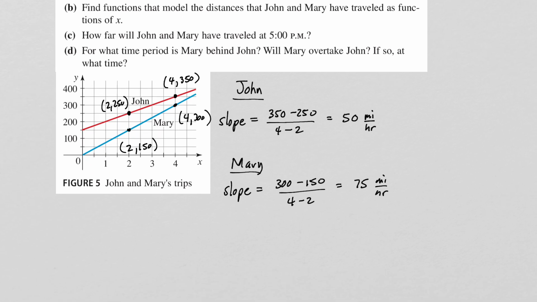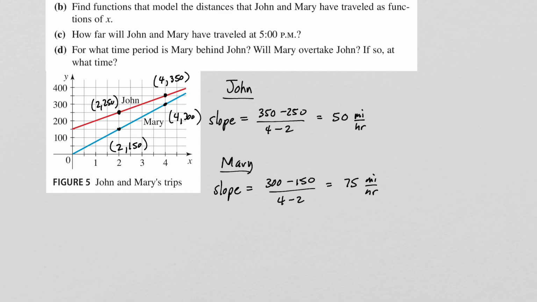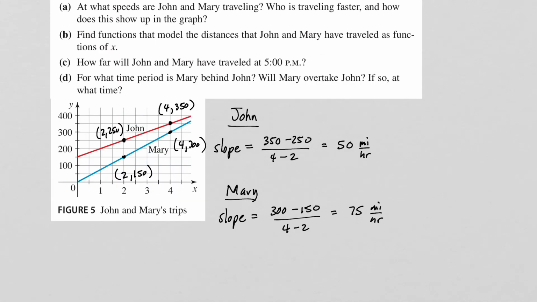Next, it says find functions that model the distances that John and Mary have traveled. So we'll just continue this over here. For the second part, we want to find functions that model the distances that John and Mary have traveled as functions of x. So the distance is the variable y, and the time is the variable x. For John, the slope of his line is 50, and the y-intercept is 150.